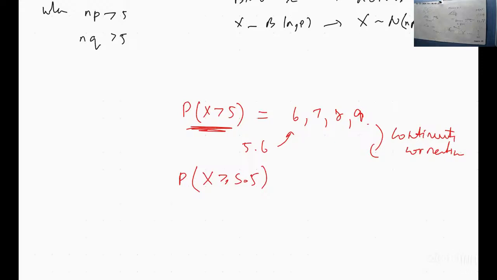The probability of x is more than or equal to 5.5. That will include values like that, all the continuous values. If you had 5.4, of course, you would have rounded that off as 5, and that would be included. So that's basically how it will work.